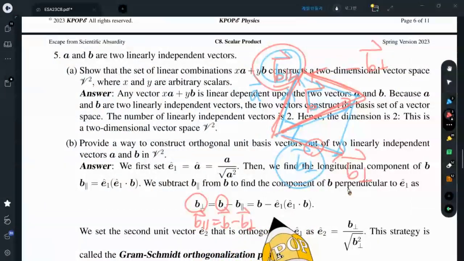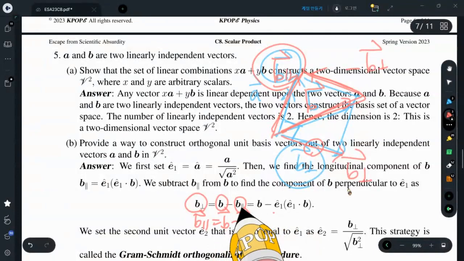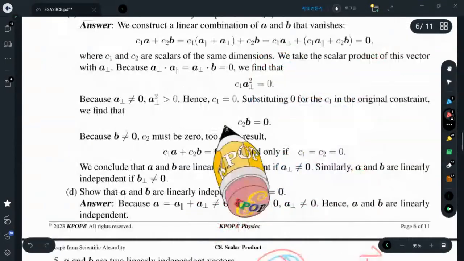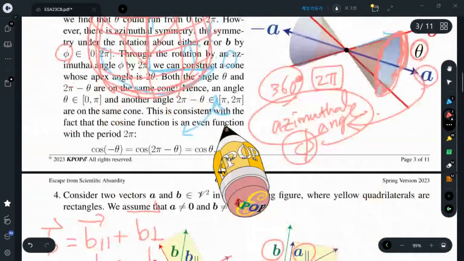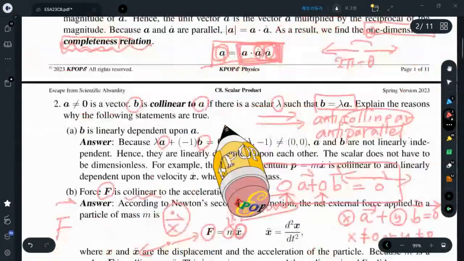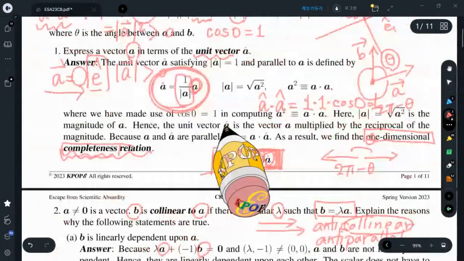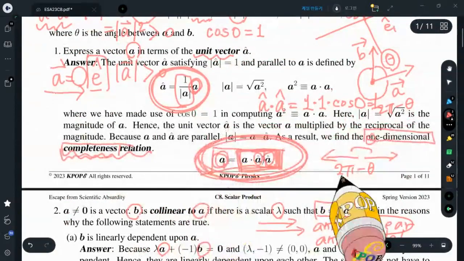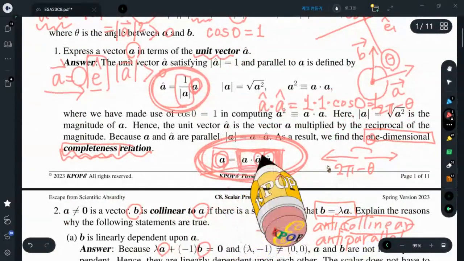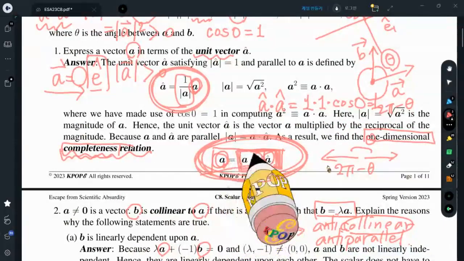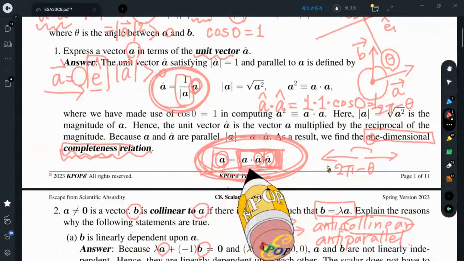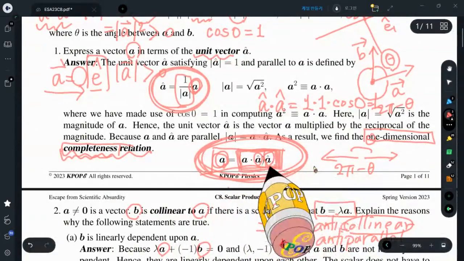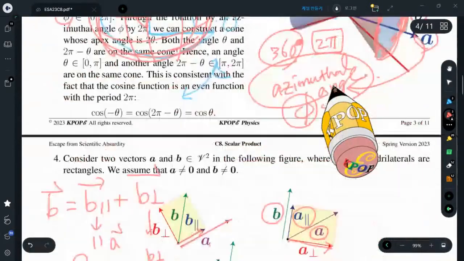But perp is easy to compute. Parallel is easy to compute according to the one-dimensional completeness relation. Parallel component can be read off by taking the scalar product with the unit vector along that direction and then multiplying by the unit vector.